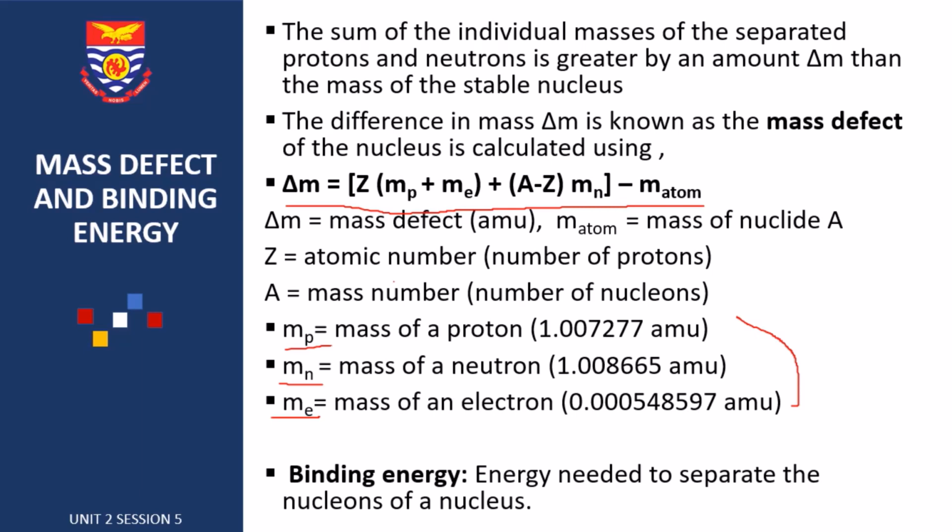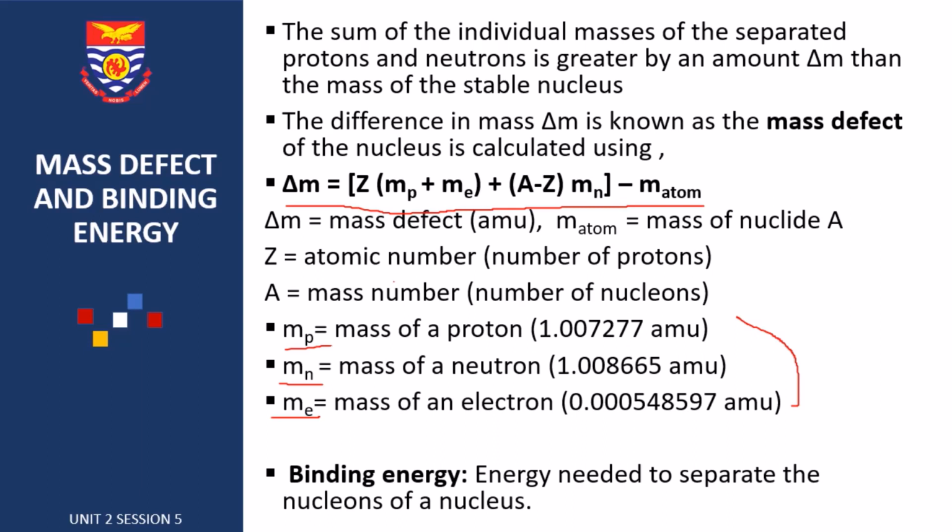Let us look at the binding energy. Binding energy refers to the energy needed to separate the nucleons of a nucleus. To separate the particles of the nucleus, they must be pulled apart against the attractive force that is holding them.